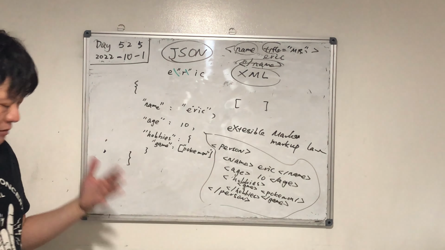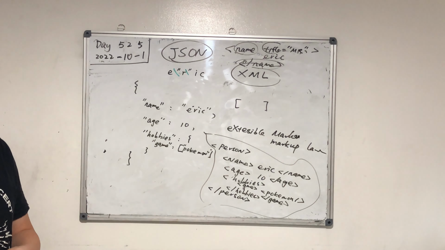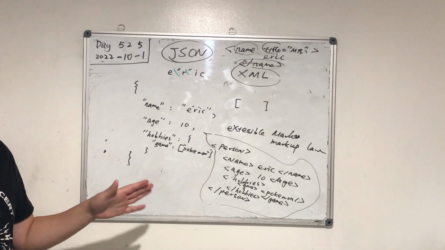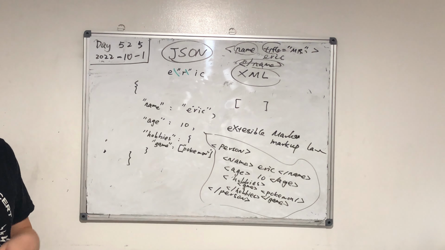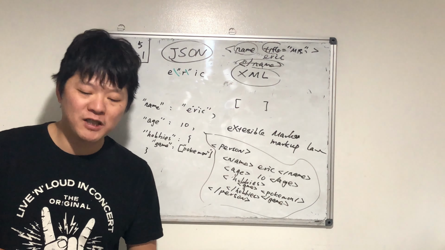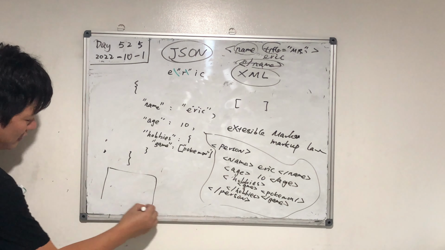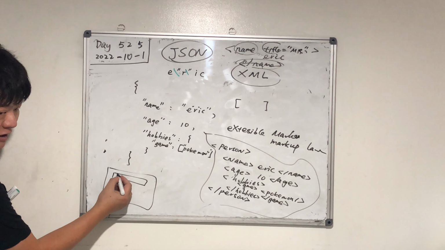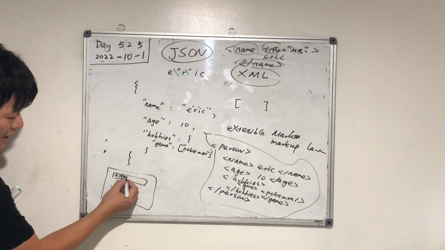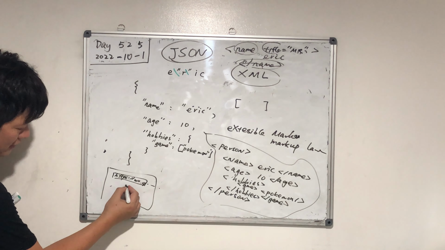XML is used to carry data, and it only carries data. It doesn't deal with any other logic. It doesn't tell you what the data is for or how to display the data. We're probably going to talk about HTML. In a browser, you type in a URL, for example https://google.com, and there's a search box.